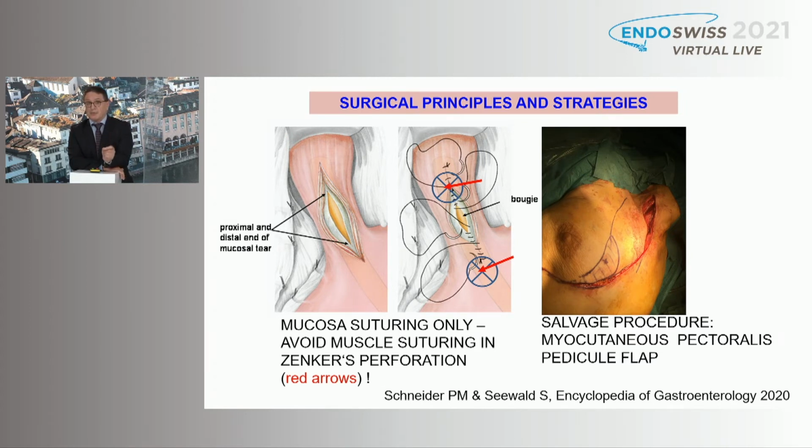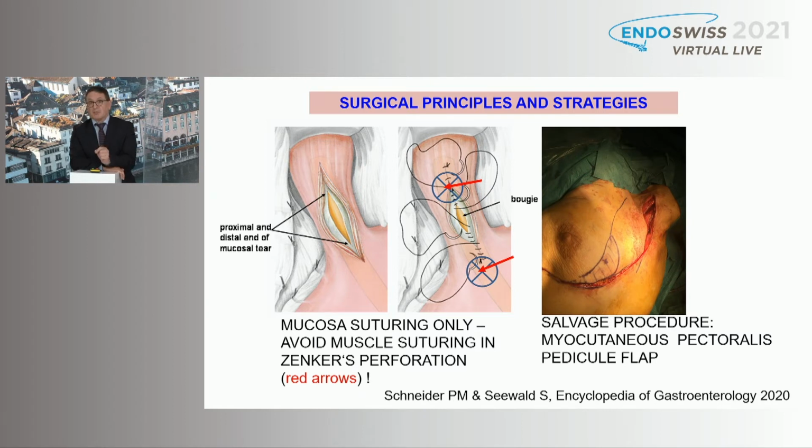In a Zenker perforation, you do not suture the muscle because, as Stefan pointed out in his presentation of the anatomy, you have no circular upper sphincter. It's a very complex sphincter. If you start to suture the muscle, then he will have dysphagia for sure. So you will suture only the mucosa.